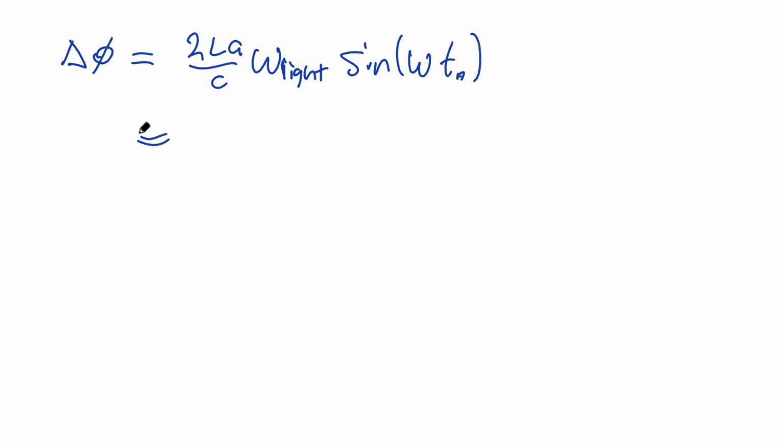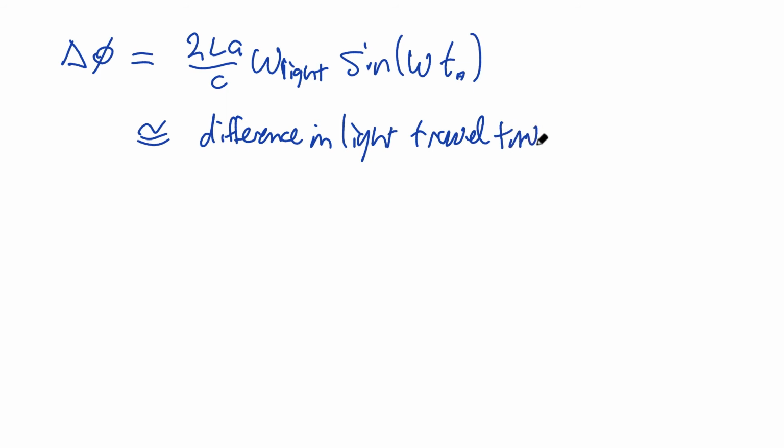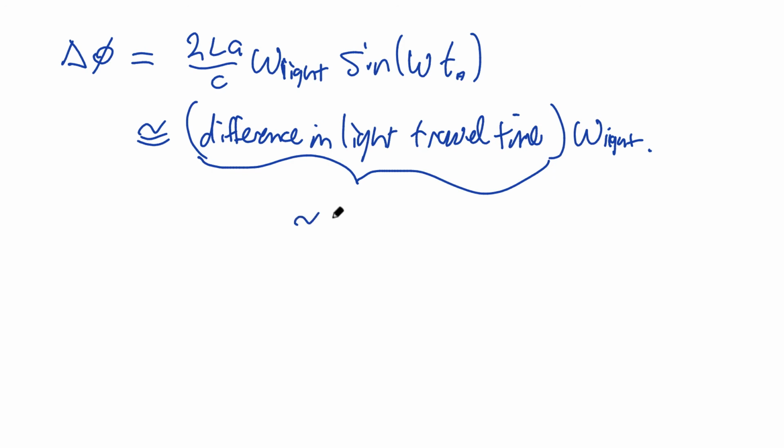And this basically comes from the difference in light travel time times the angular frequency of the light. And of course, the difference in light travel time is just proportional to the difference in arm lengths.